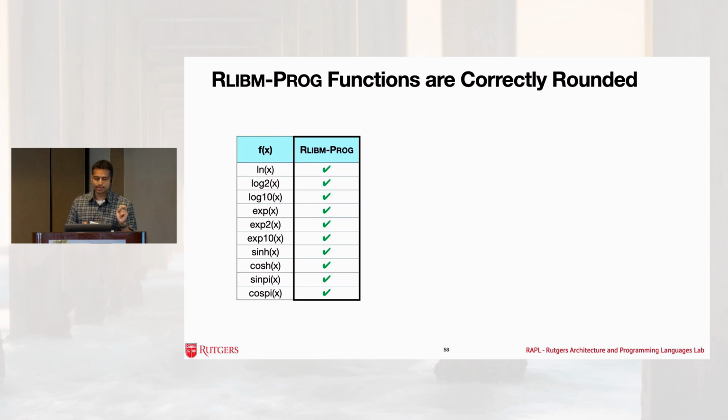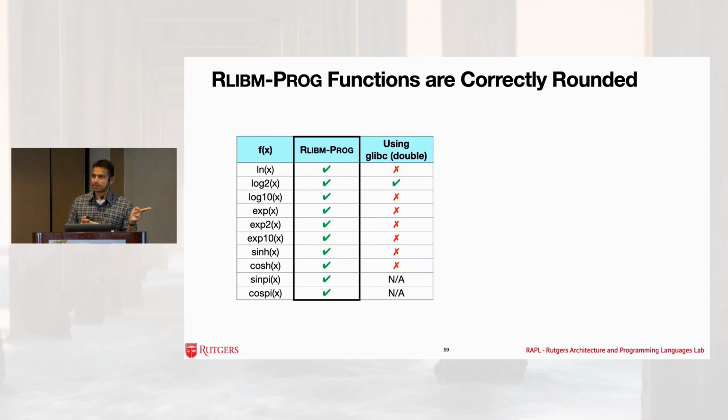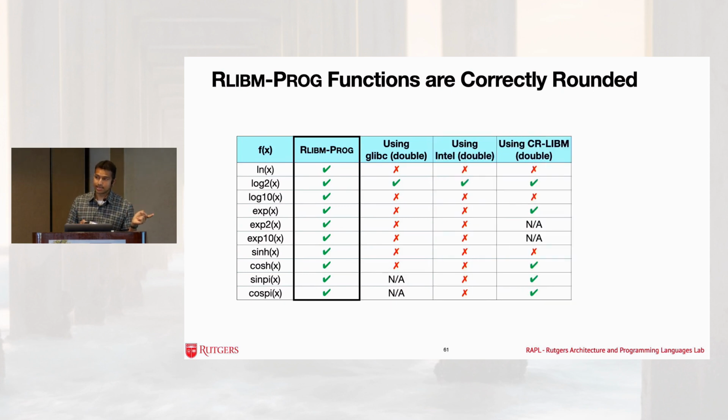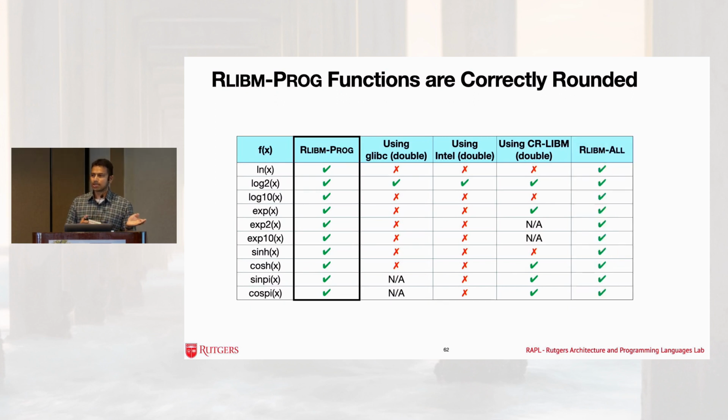In contrast, glibc's DoubleLIBM, Intel's DoubleLIBM, and CRLIBM produce incorrect results either with one of the rounding modes or they produce incorrect results for lower bit width representations. Now this happens because of double rounding errors. Similar to us, RLIBM-ALL also produces correct results for all functions.